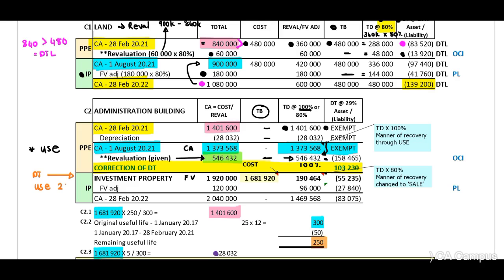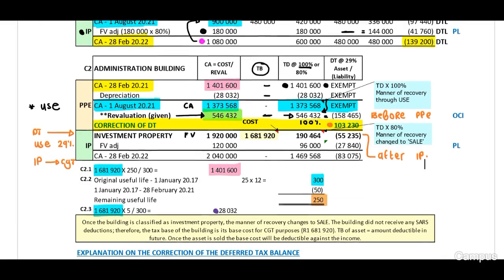Therefore, only the 29%. But now, this will be investment property. Remember, investment property will be based on our CGT rate. Therefore, we will have to include this, the before transfer, when this is PPE, to an after transfer amount, where this is investment property. And that will be the 103230.